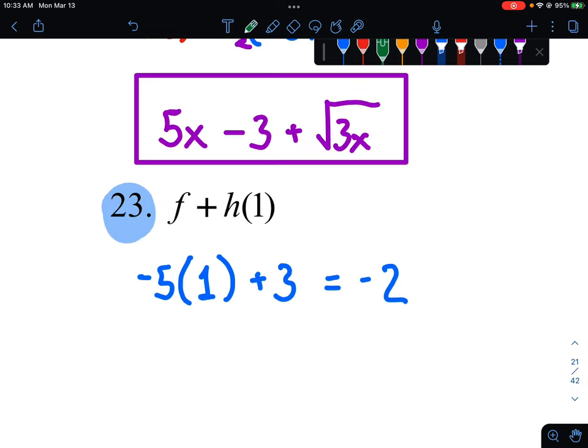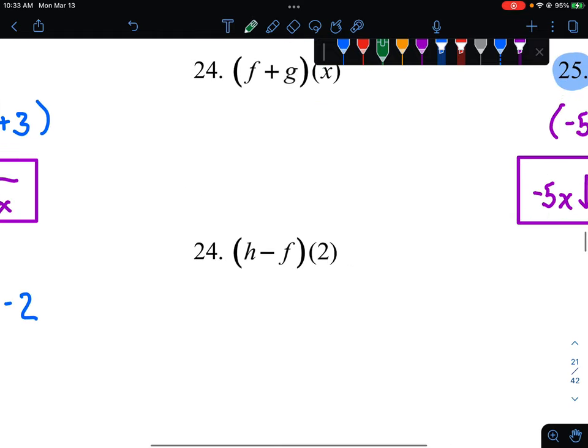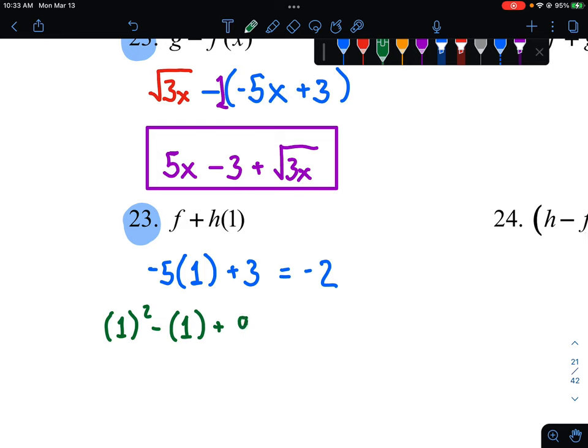So I'm going to go x squared minus x plus 9, I believe that was. Yeah, that was plus 9. And we're going to end up getting 1 minus 1, which is 0. So this is going to end up being 9. And then you're just going to take negative 2, add 9, and your answer is 7.